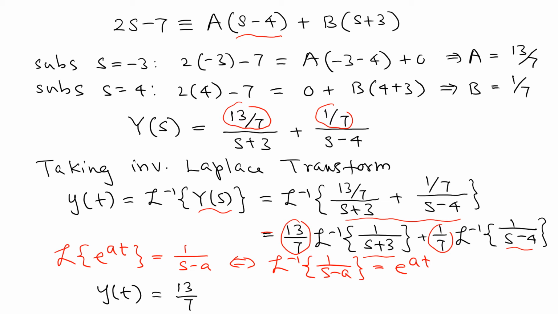And because of s plus 3, in this case a is negative 3, so it's going to be e to the negative 3t. First one. Second one, you can see it is 1 over 7, so this is going to give you e to the 4t. So that's the answer, and that's the idea. These are all the steps and how you can use them to solve the problem. So let's look at the next one.